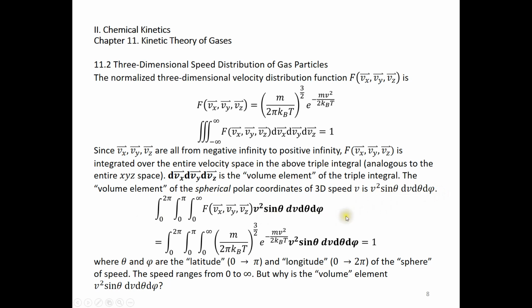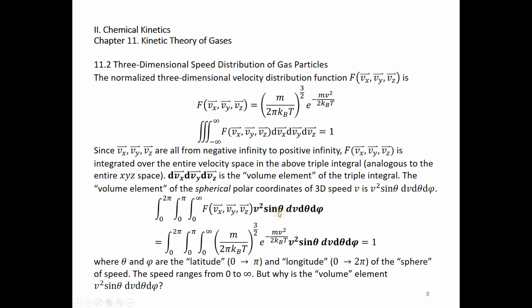Now let's look at this. We have this equation, which is equivalent to this equation. It's just we changed the orthogonal vx, vy, vz coordinates to spherical v, theta, phi coordinates. V is from 0 to infinity because v is now the three-dimensional speed.